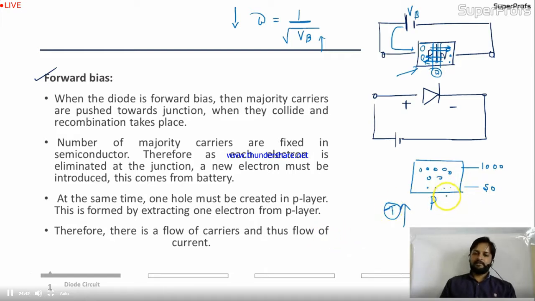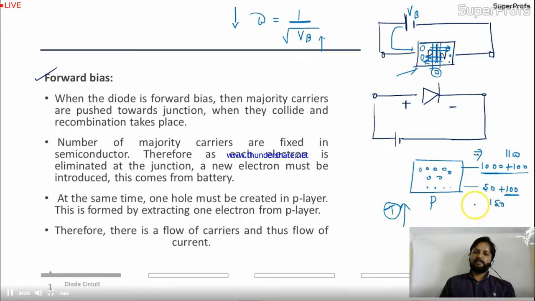Because of temperature, suppose 100 electron-hole pairs are generated. Similarly over here also 100 holes will be generated. So if we add them, it will be 1100. It will be 150. So 1100 and 1000 are nearly equal. Here I took 1000, but in the real picture it's in crores.